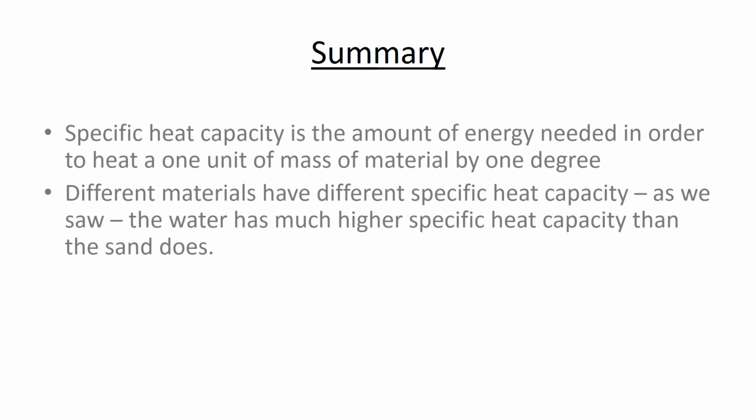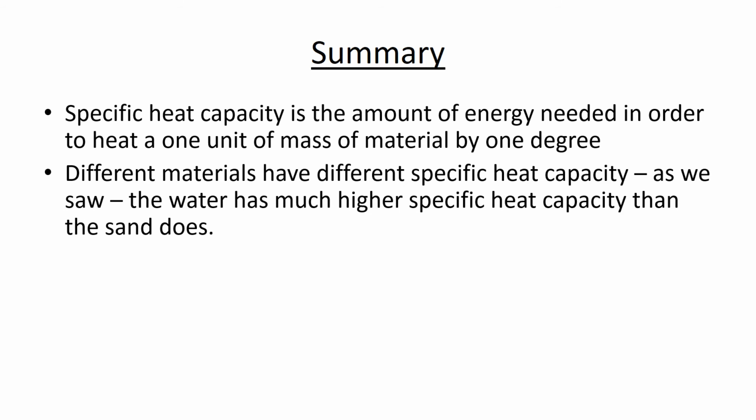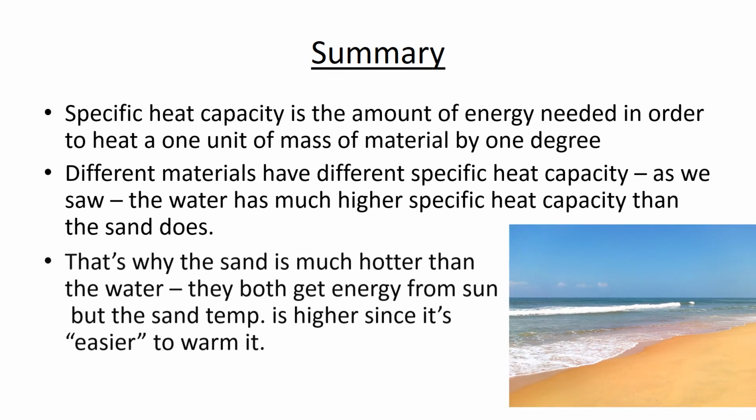So, to summarize, we talked about specific heat capacity, which is the amount of energy needed to heat 1 unit of mass by 1 degree, and we said that different materials have different specific heat capacities. Thus we saw that water has a much higher specific heat capacity than sand, and that actually answers the question that we introduced at the beginning.